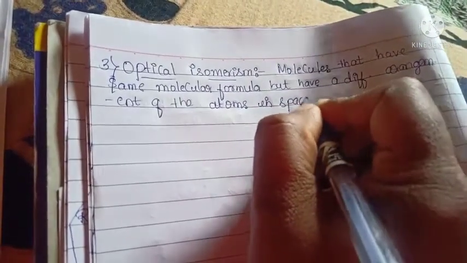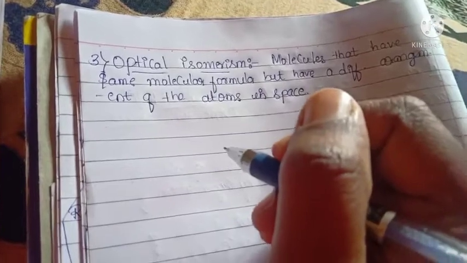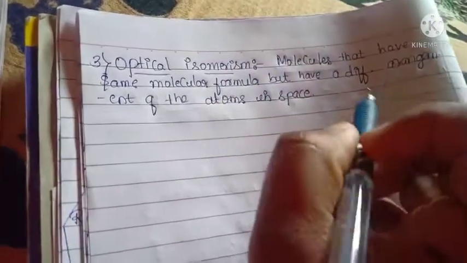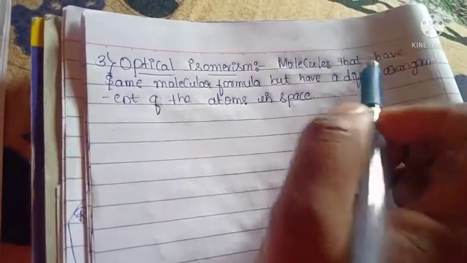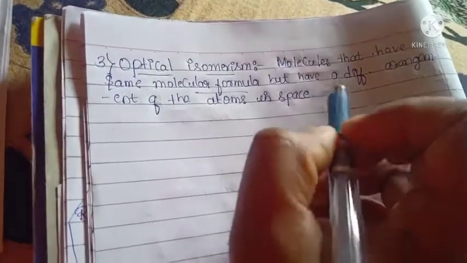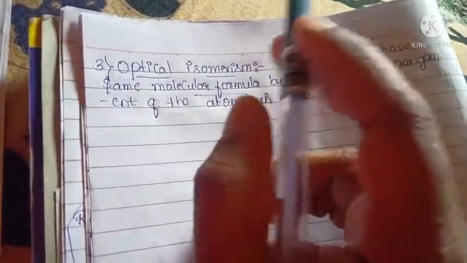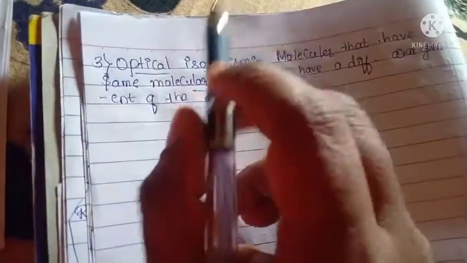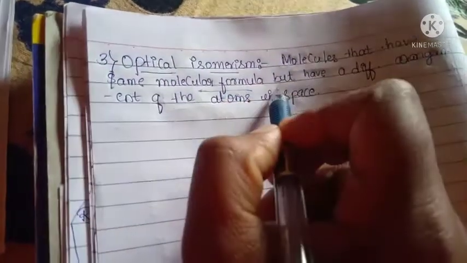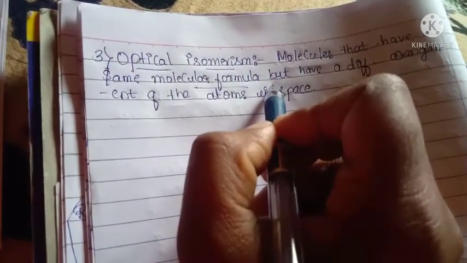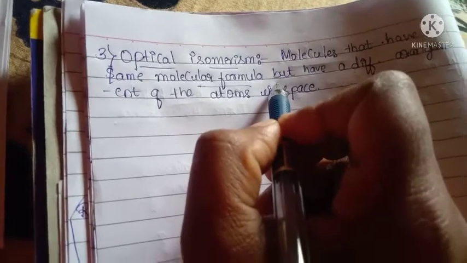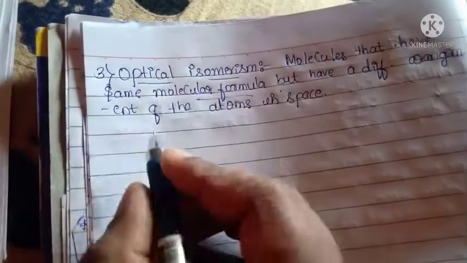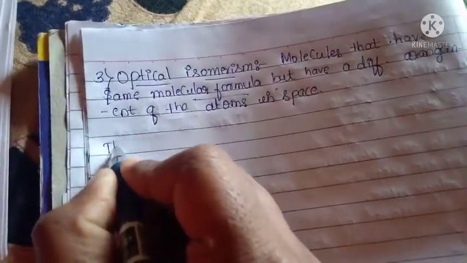Okay, it is very different from those isomerisms because here the molecules have the same molecular formula but different arrangements of the atoms. Okay, it means the atoms change their places. That is called optical isomerism.